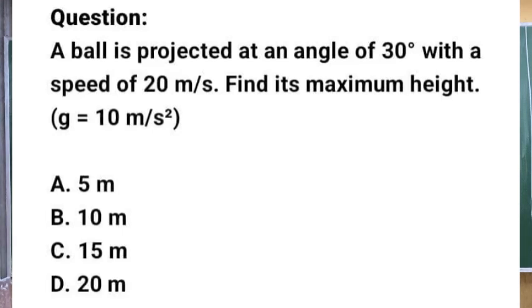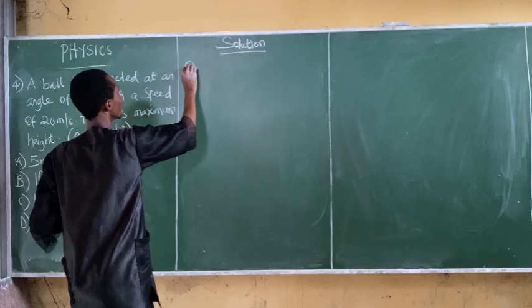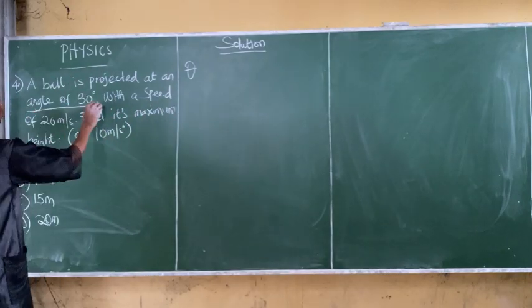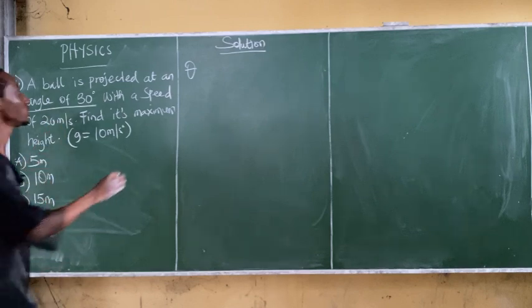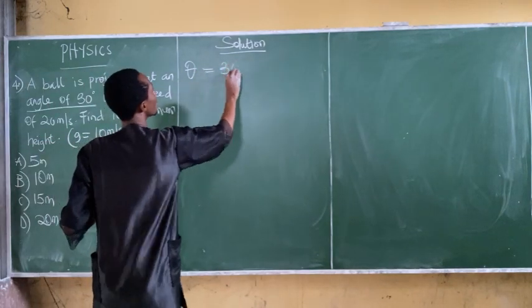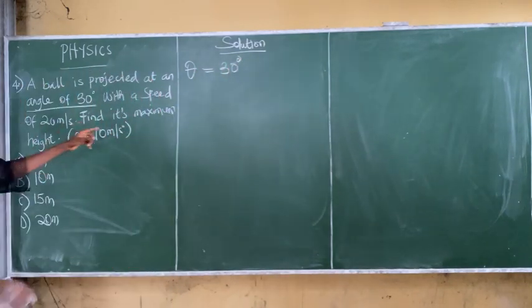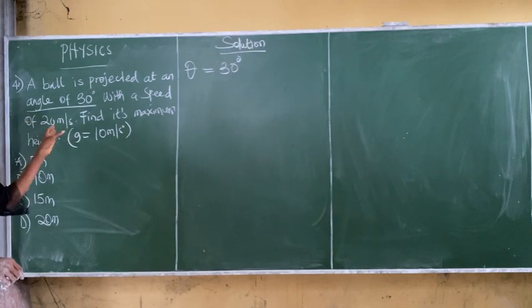Solution, let's solve this. From the question, we were given the angle theta to be 30 degrees. And they gave us speed, which is velocity, to be 20 meters per second.